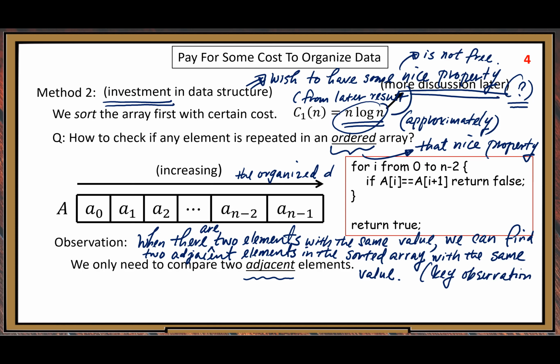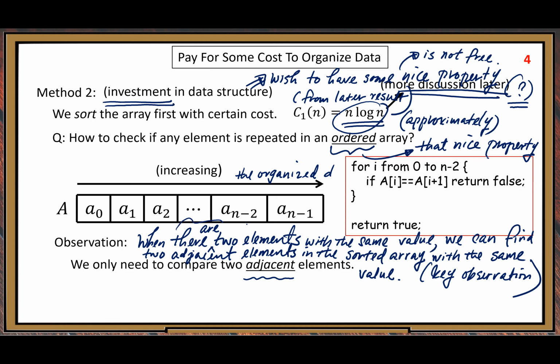The reason I write this sentence in this special way is because we try to consider all the possibilities. Two elements with the same value. When you sort the array, it's not necessary that these two values are adjacent.